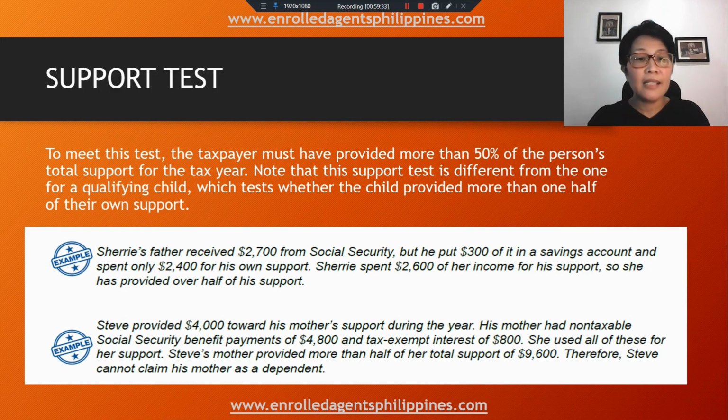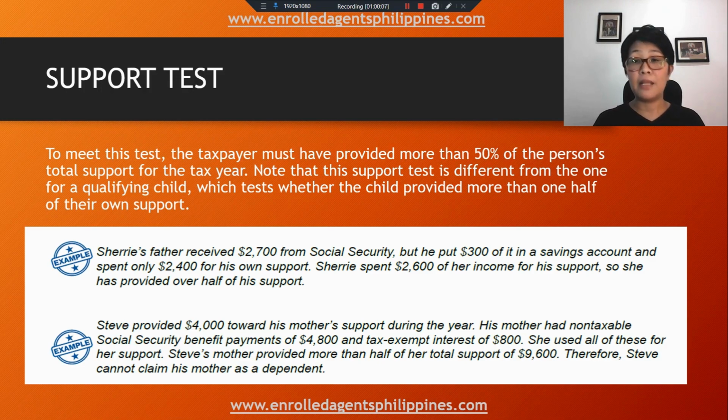Okay? Example, Sherry's father received $2,700 from Social Security but put $300 of it in a savings account and spent only $2,400 for his own support. Sherry spent $2,600 of her income for his support, so she has provided over half of his support. So yung total na kinikita nung father niya is 2,700, parang in effect pension from Social Security. Pero hindi lahat ginamit niya for his own support.